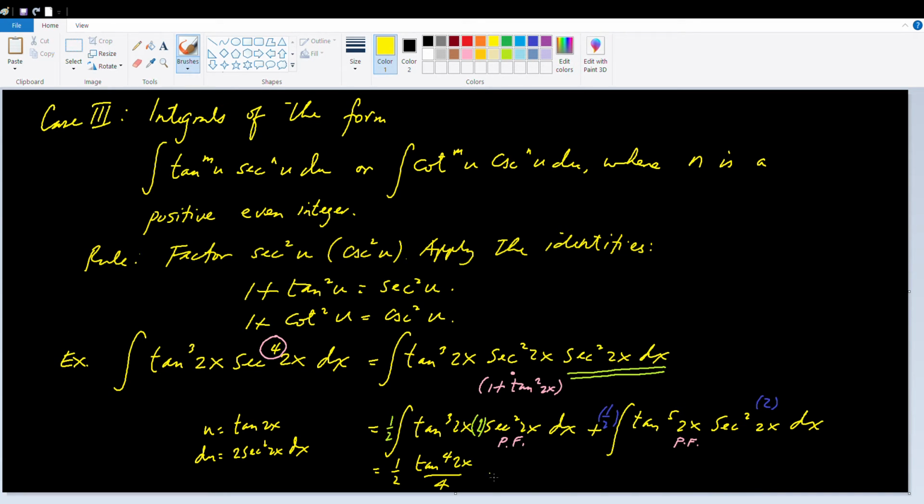So that becomes 1/2, and power formula, tangent raised to 5 becomes tangent raised to 6 2x all over 6 plus c. We can write our final answer as 1 over 8 tangent raised to 4 2x plus 1 over 12 tangent raised to 6 2x plus c.